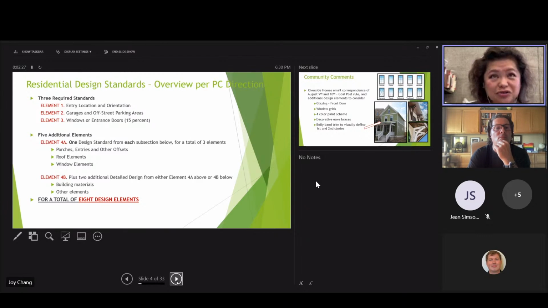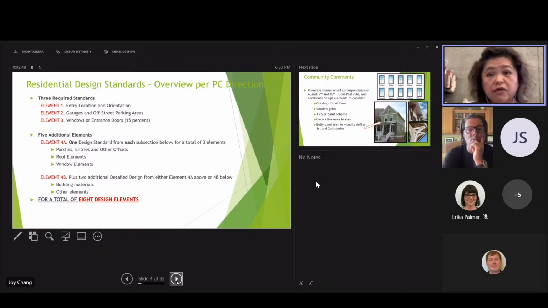In addition to that, element 4B, we require 2 additional detailed designs from either element 4A above or 4B below, which includes the building materials and other elements. So there's a total of 8 design elements that we will be requiring for every single residential building permit that gets submitted.